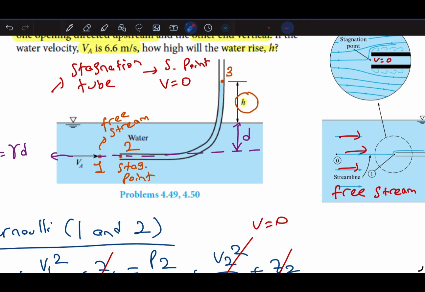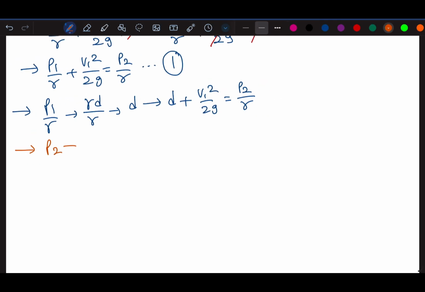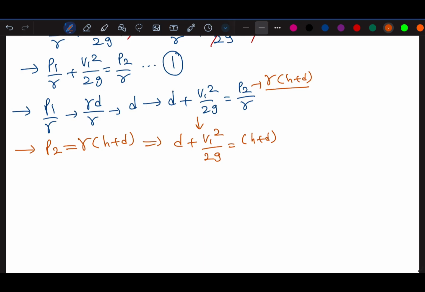So it is gamma times h plus d. And again, from this equation, we'll get d plus V1 squared over 2g is equal to h plus d, because this is gamma times h plus d over gamma.